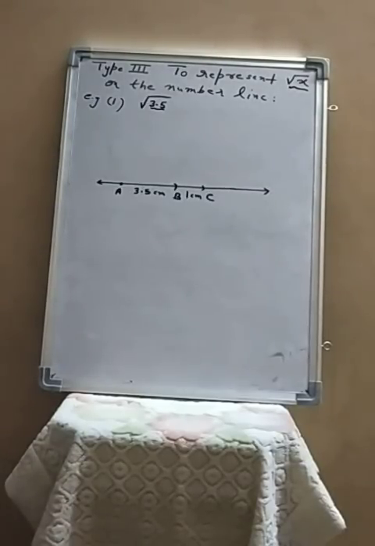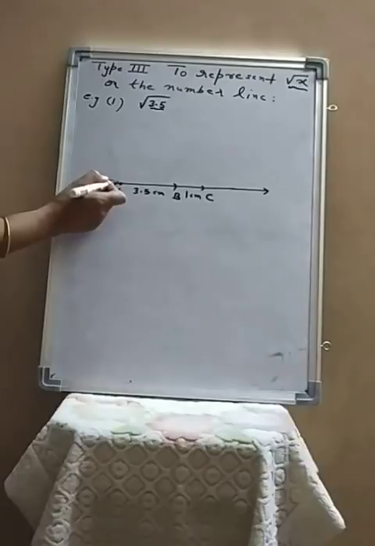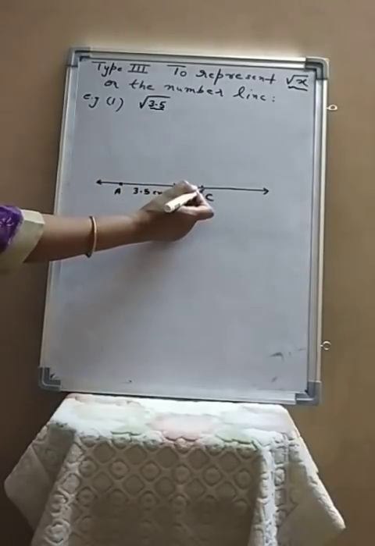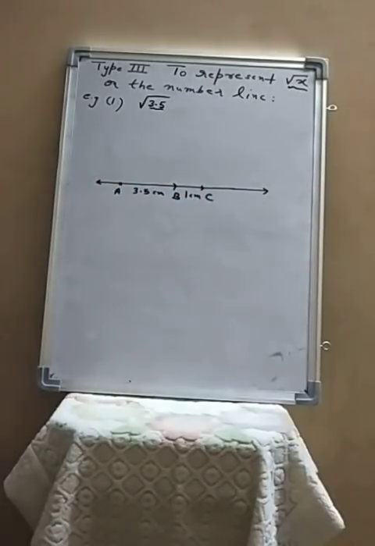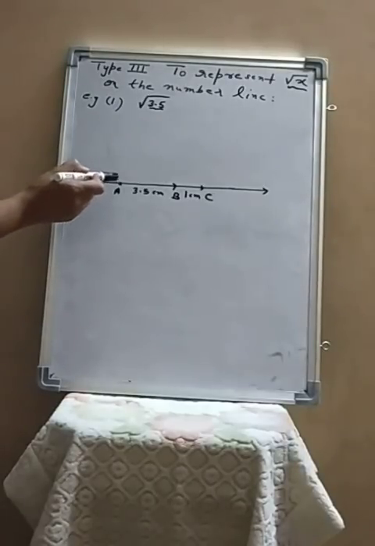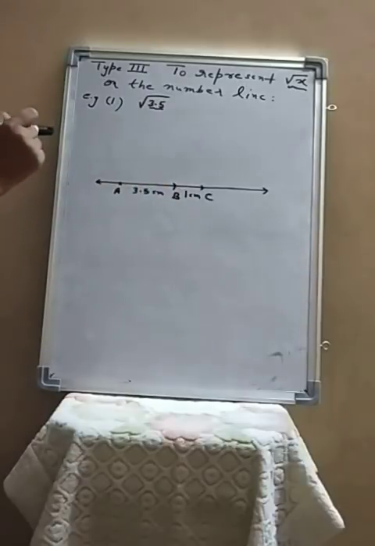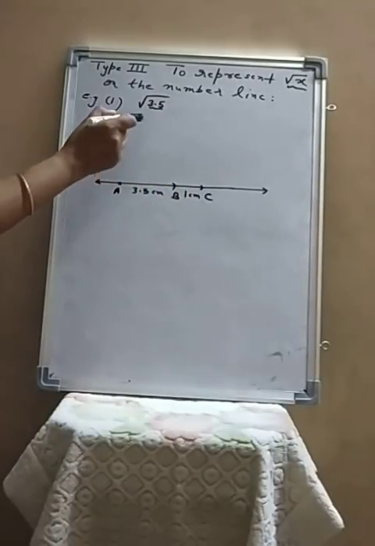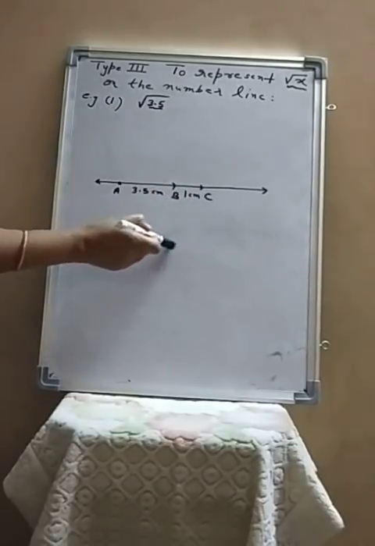Now you must be knowing how to draw the perpendicular bisector of a given line segment. Draw the perpendicular bisector of the line segment AC. Let us recall the steps. We open the compass more than half of AC. From A, I will draw an arc above and below.